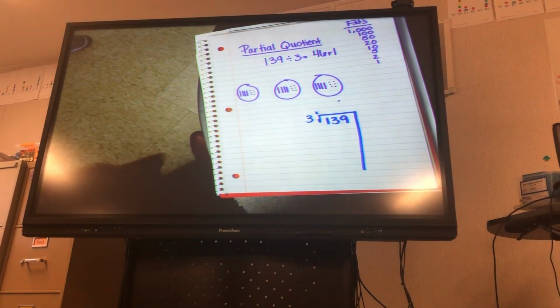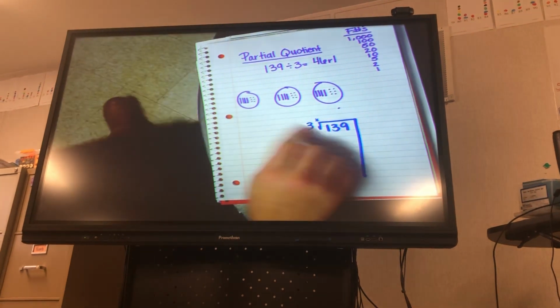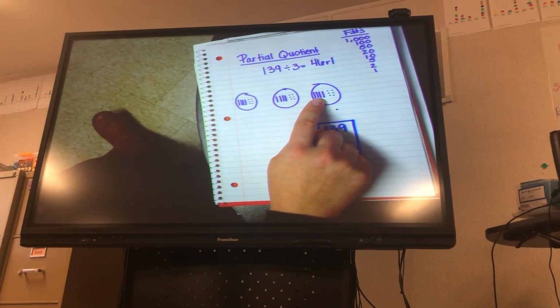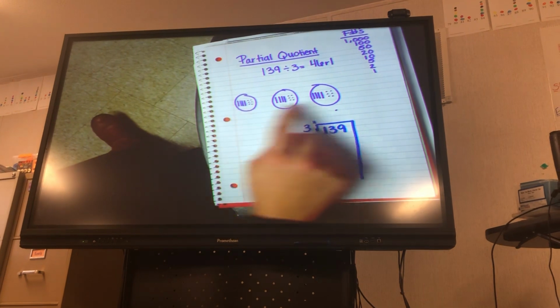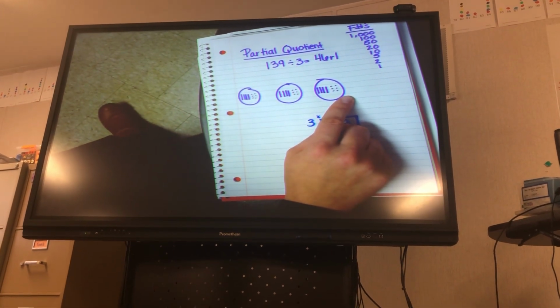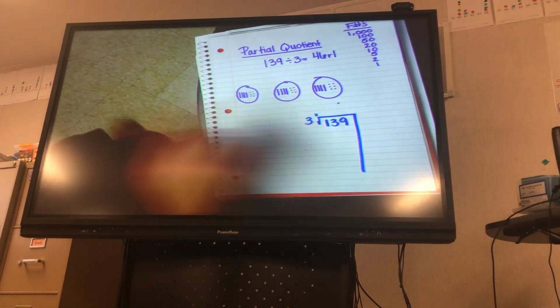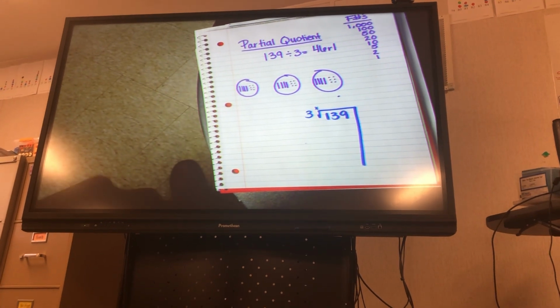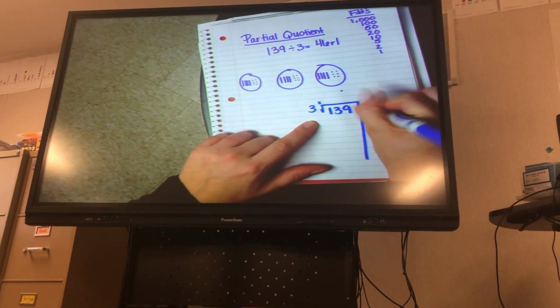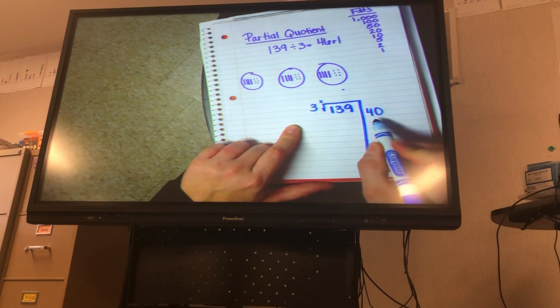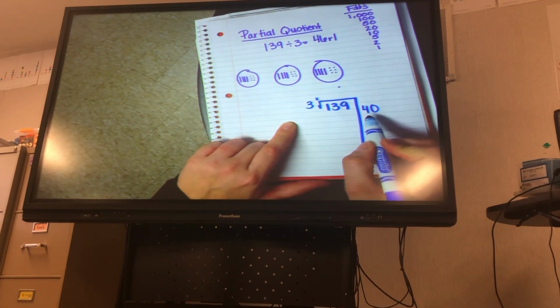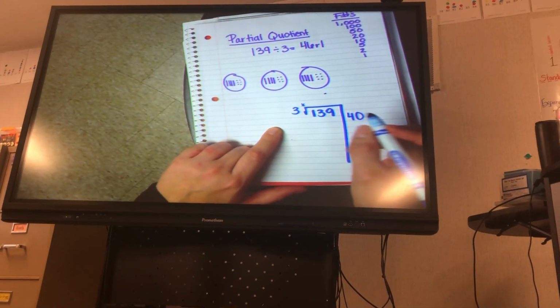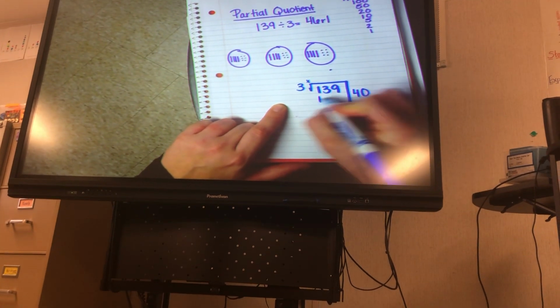I have 139 pieces of chocolate. What did we give out first? How many do we give out to each friend first, Kaden? 4 tens, which is 40. What is 3 times 40? Well, 3 times 4 is what, Elijah? 12, and add a 0. 120. Good, 120.